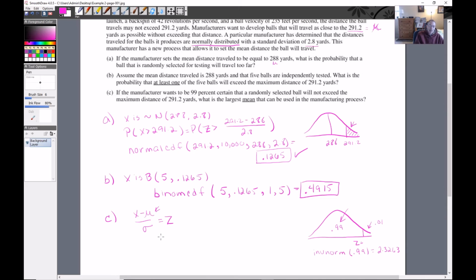So x, 291, oops, that's my dyslexia hitting again. So 291.2 minus the mean, which we don't know, because we're kind of customizing the process at a certain mean to reach this standard. So that's over 2.8, and that's going to equal 2.3263.